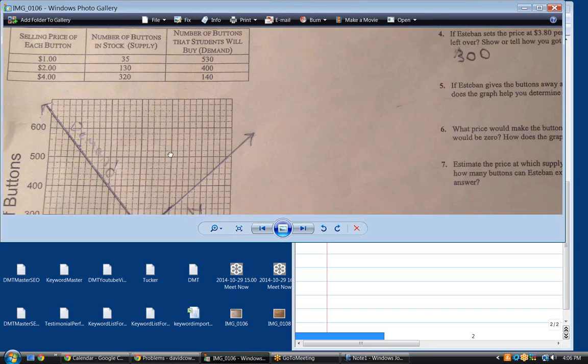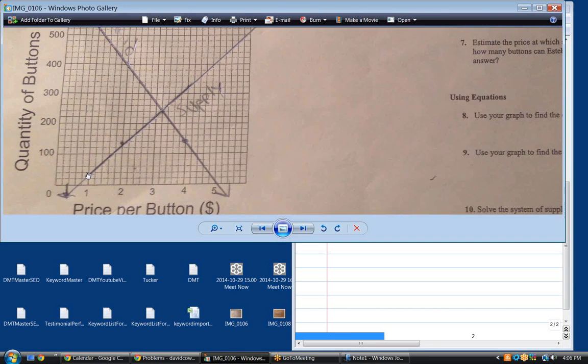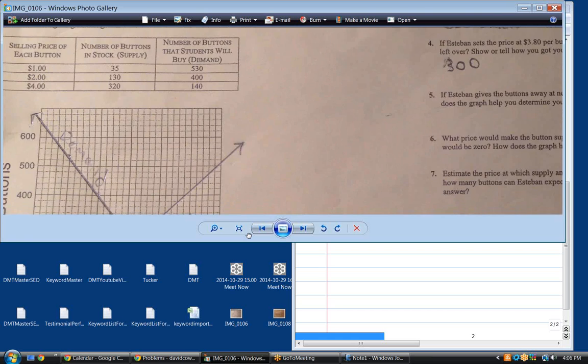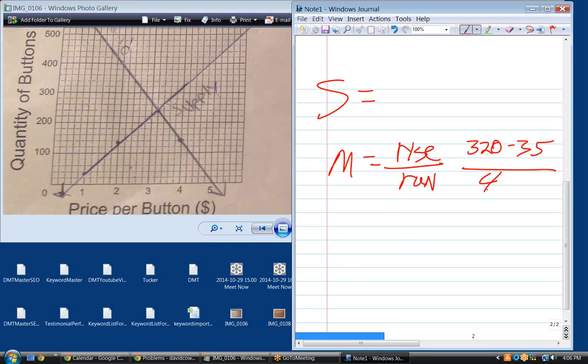Well, when you plotted this thing, the first point you plotted was 1, 35, and at some point you got up to 4, and it was up to 320. So the run would be from 1 to 4. The rise was from 35 to 320.